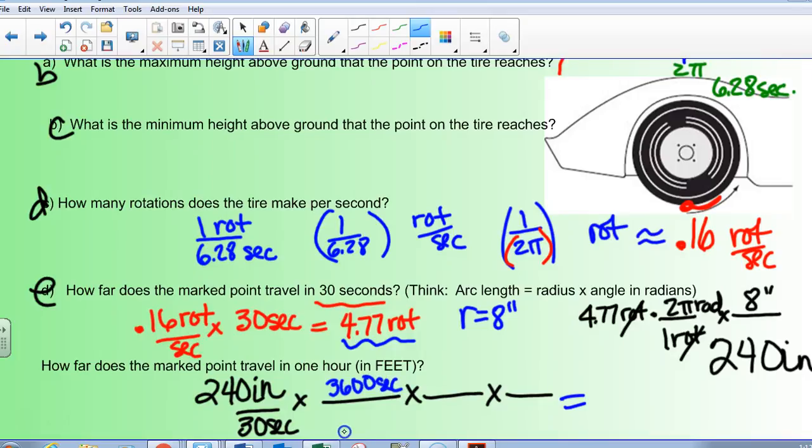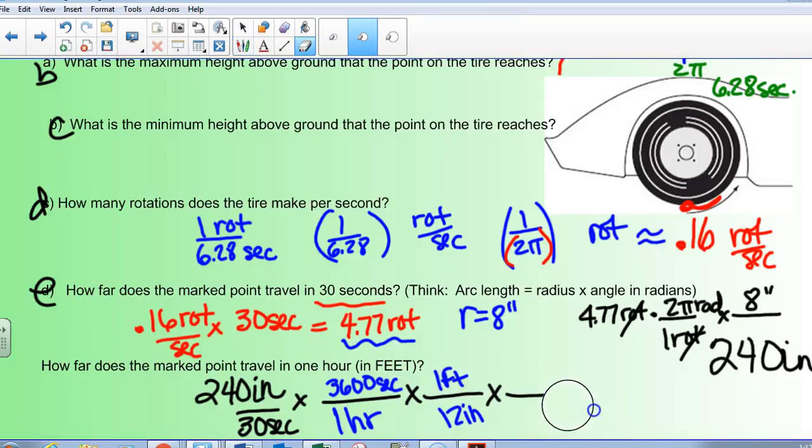Seconds in an hour if we wanted to be really fancy. And then 1 foot is 12 inches, and then we wouldn't need this extra blank. I do seconds to minutes and minutes to hours, but it should be 2,400, I think. Feet per hour.